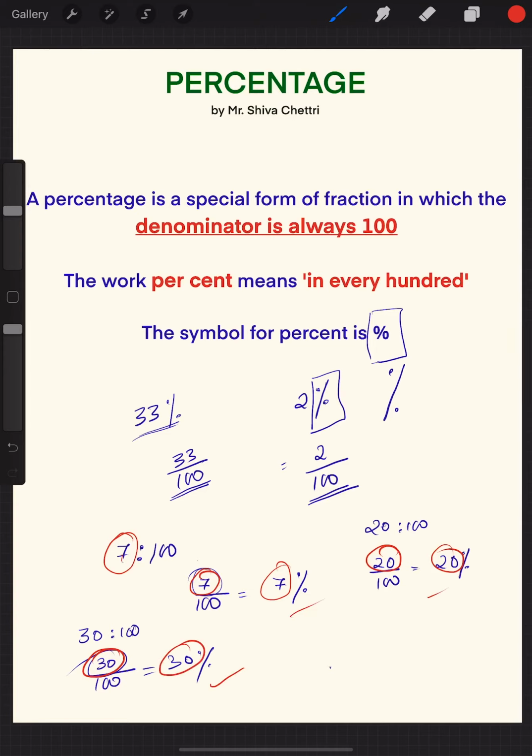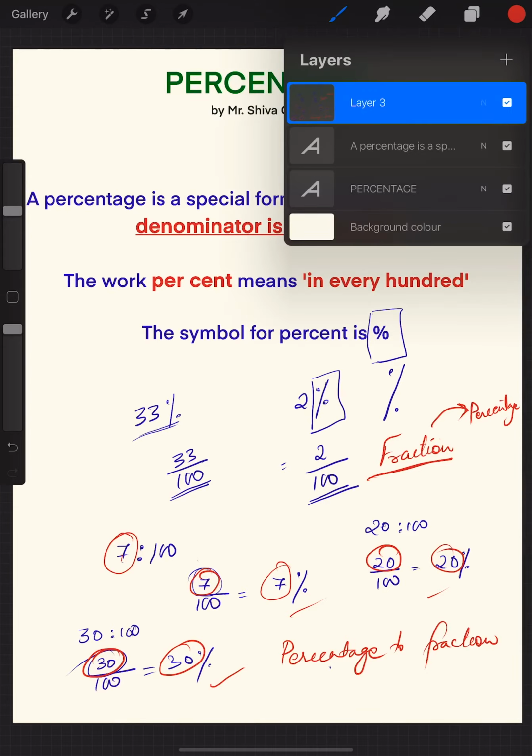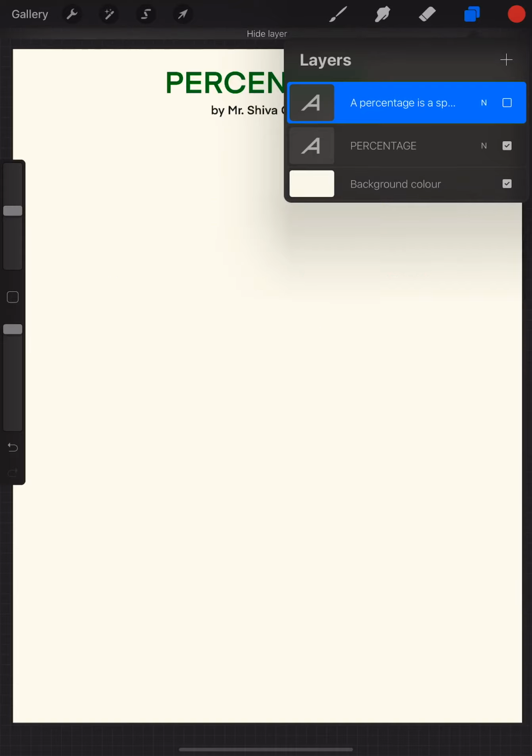So this was a technique to find a percentage from a fraction. But it doesn't always happen this way. Sometimes you have to convert a fraction to a percentage, but it may happen the other way around, where you have to convert a percentage to a fraction. So how do we tackle those situations?